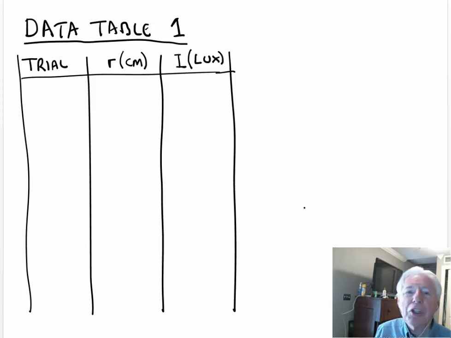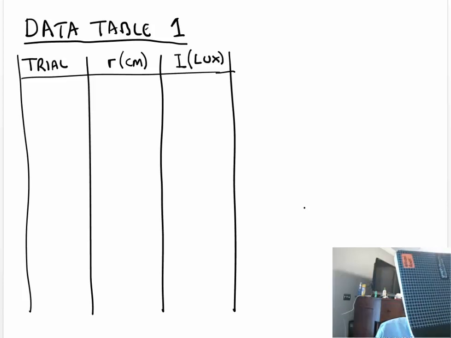So the first thing I'm going to do is go to what I think is the most extreme case. Why do we do that? We'll go to the most extreme case and we will measure the biggest intensity for the smallest separation.